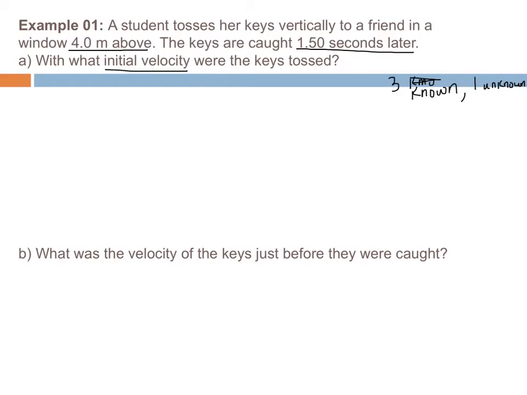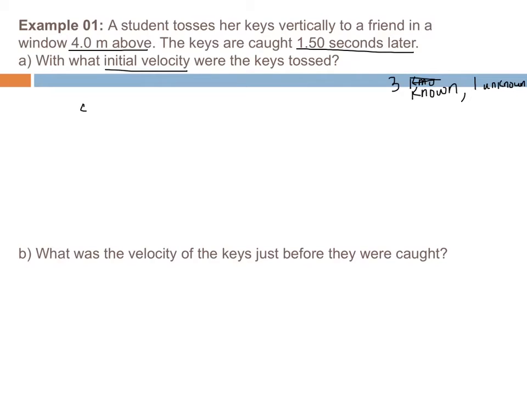So right now, I only have 2 pieces of known information. That means I need at least 1 more known piece of information. So with free fall problems, if you're missing something, double check that it isn't gravity that you're missing. And in this case, it is.